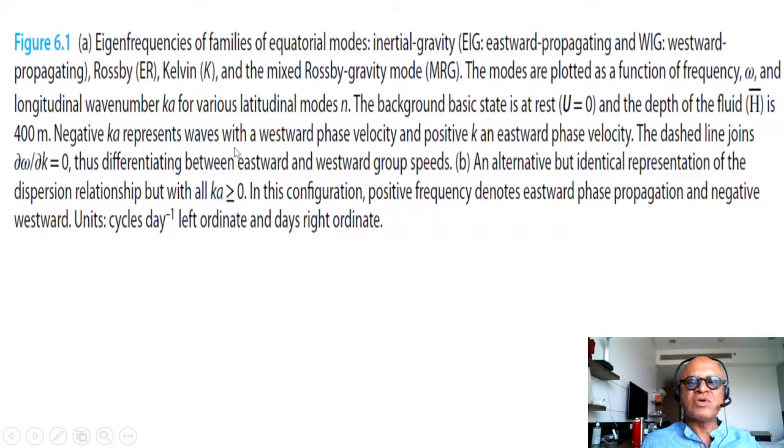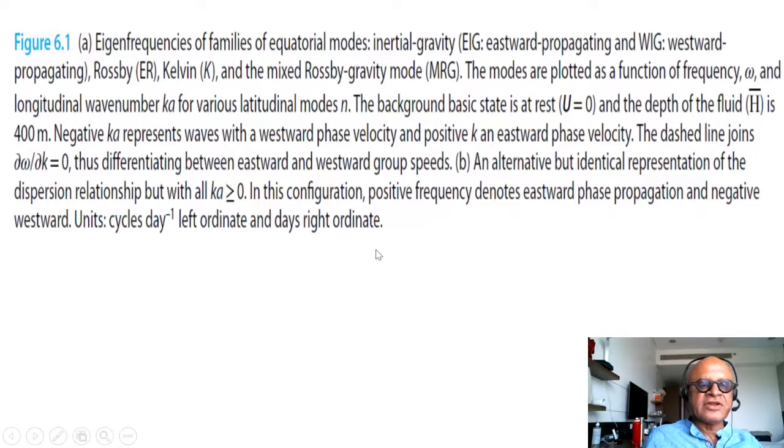Negative Ka represents waves with westward phase velocity, and positive K eastward phase velocity. Dashed line joins the d omega dk equals 0, thus differentiating between eastward and westward group speed. So we'll see where that split happens between eastward and westward group speeds for various depths and background states.